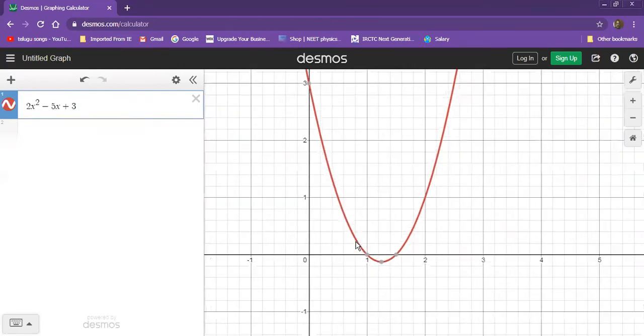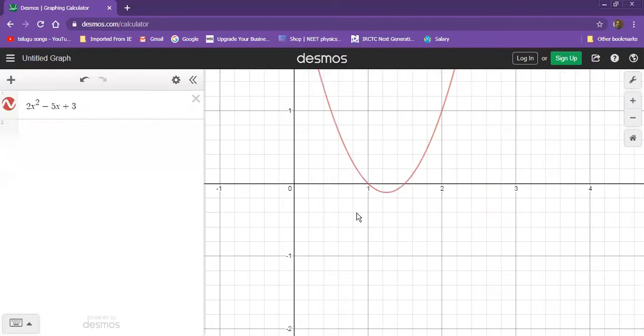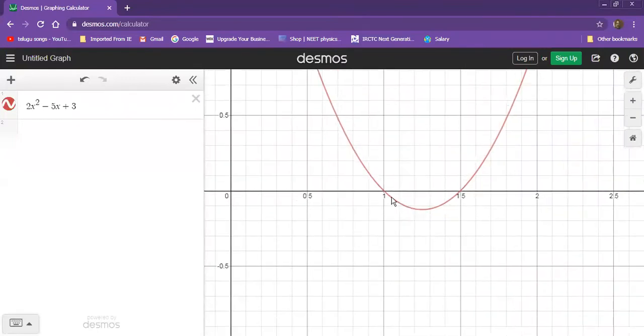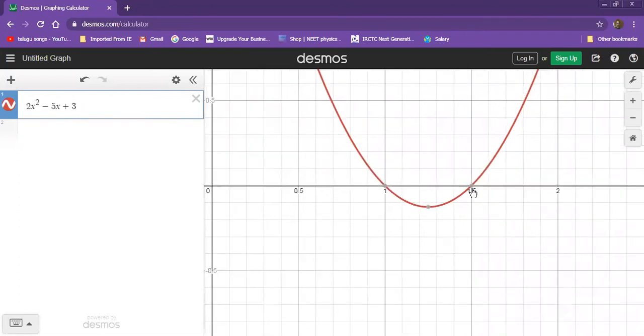So the graph is obviously a parabola cutting x equal to 1 at one point, and the other point is x equal to 1.5, that is 3 by 2. These are the roots of this.